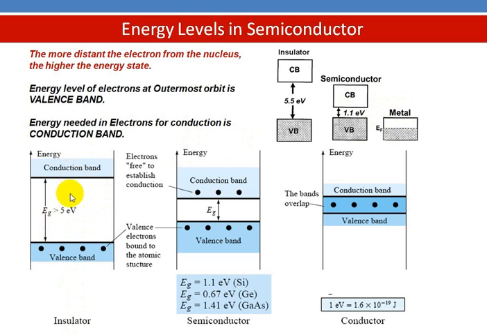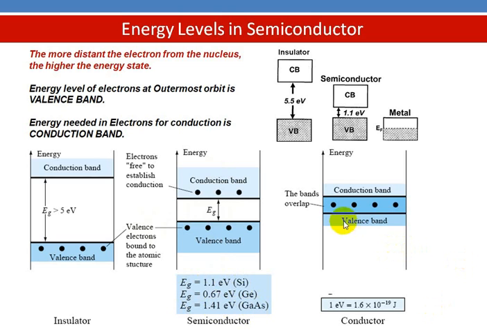So this is for the insulator. You can see that the energy gap is indicated as 5 electron volts. If you want to move electrons from the valence band to the conduction band, where only the electrons in the conduction band are responsible for carrying current, we have to apply energy greater than this 5 electron volts. Similarly for semiconductors, the energy gap is around 1.1 electron volt for silicon, 0.7 electron volt for germanium, and 1.41 electron volt for gallium arsenide.